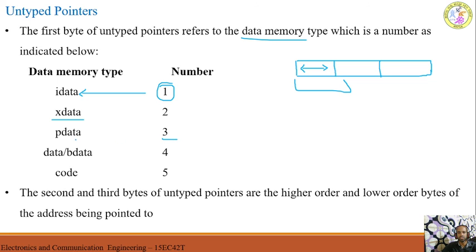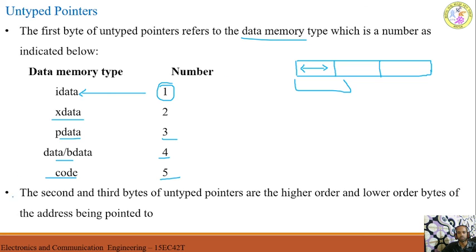If it is equal to 3, it is pdata, page data, and if it is equal to 4, it is bdata, or simply data, or bit-addressable data. And if it is equal to 5, it is the code memory, that is, the ROM memory. So this is how we can show where the data should reside in the memory.